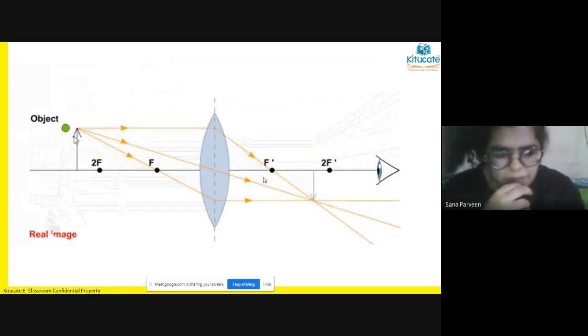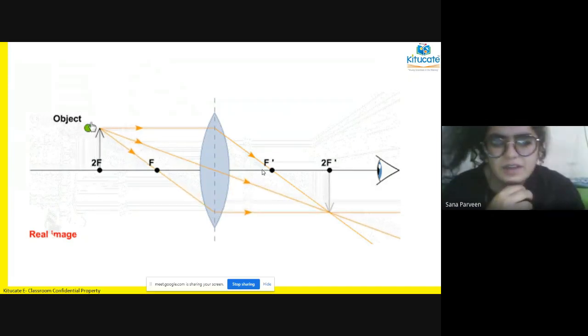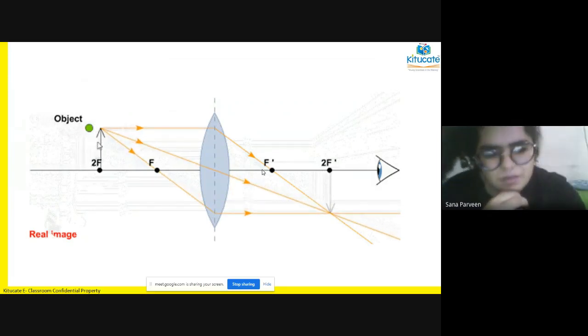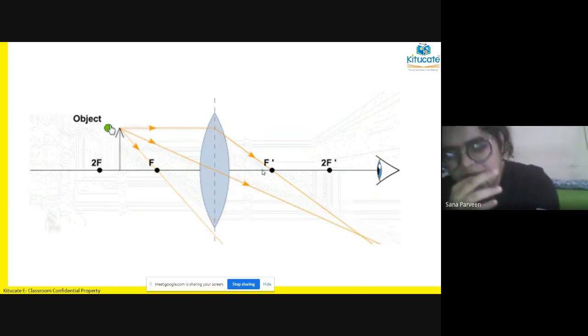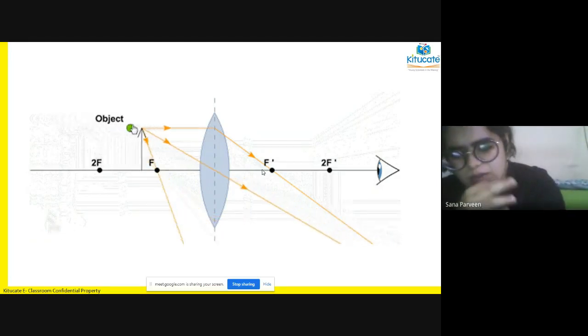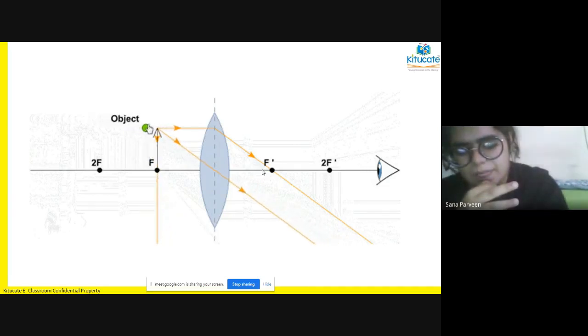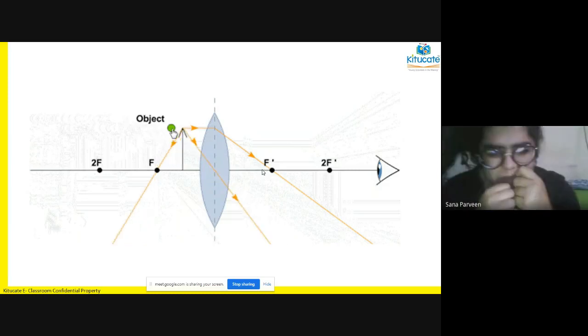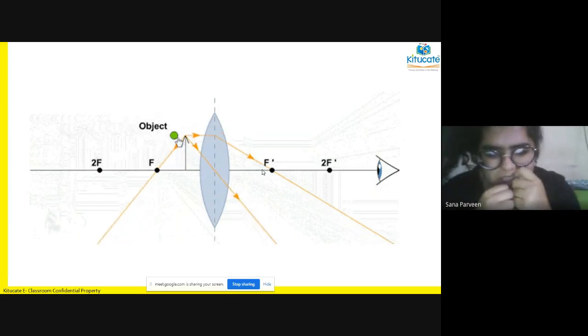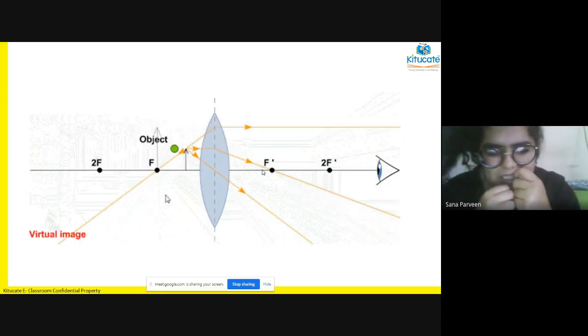The real image is always inverted, because if you see here, the arrow is upwards here. In the image, the arrow is going downwards. We'll have to just wait for it. We will try to explain it once again.